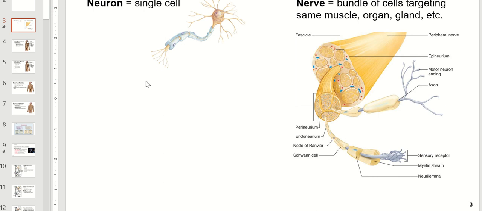So always traveling in one direction. Now, in a nerve, because we have a bunch of neurons together, some nerves carry signals in one direction, some carry signals in both directions. But in order to do that, you need two neurons. You need one going one way and one going the other way.